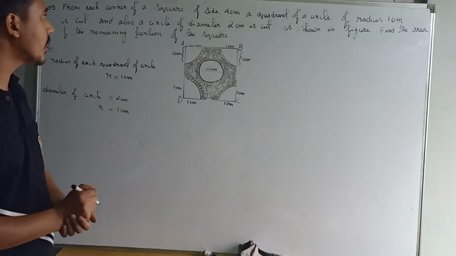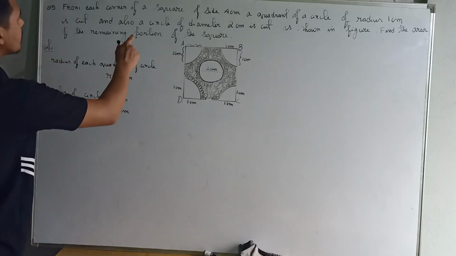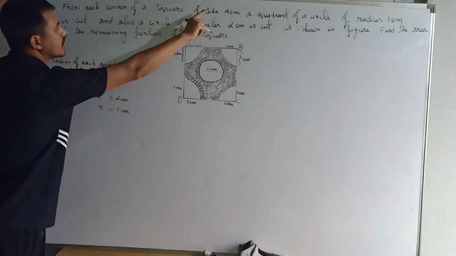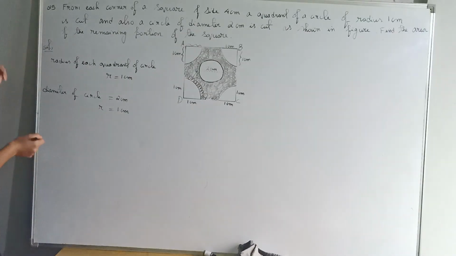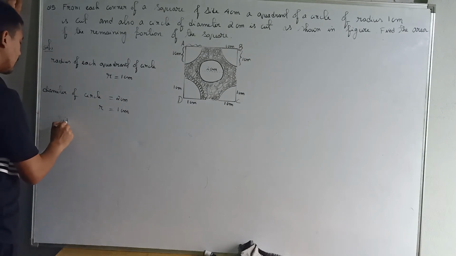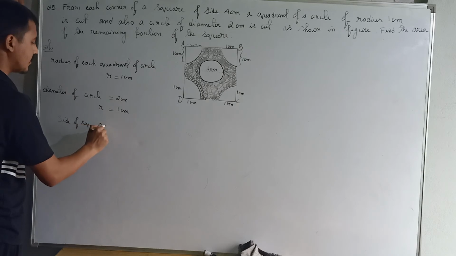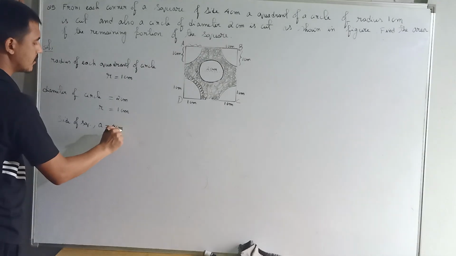So we want to find the remaining portion of the square. The square has side 4 centimeter, so let me denote the side by a, 4 centimeter.